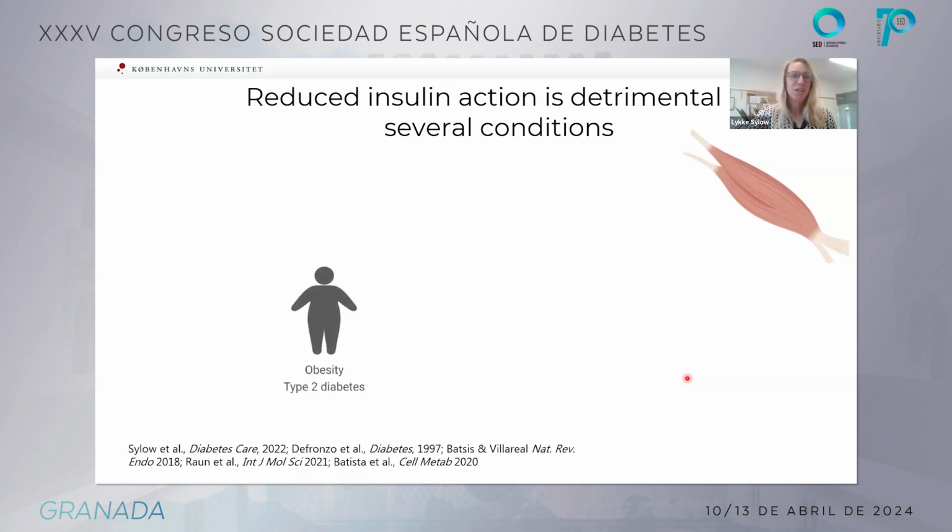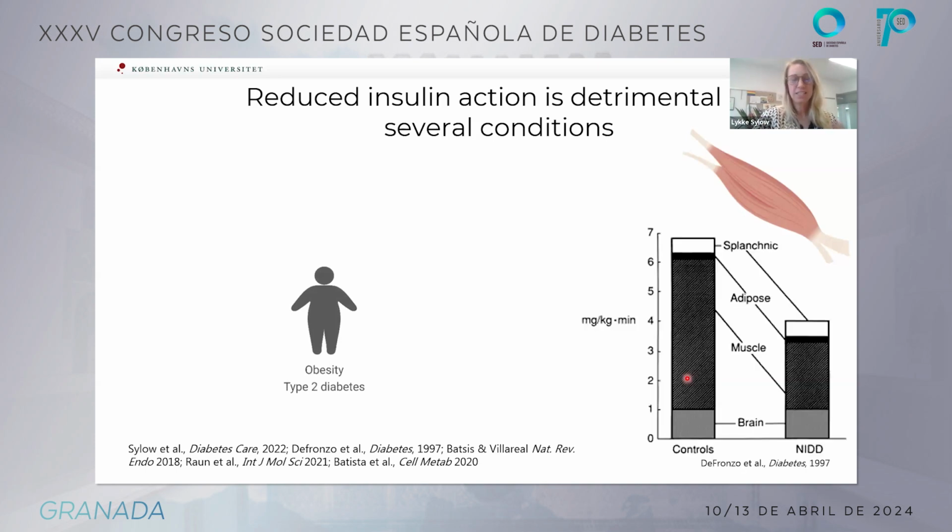This heightened blood glucose in the context of insulin resistance seen in obesity and in type 2 diabetes is really due to a decreased insulin-stimulated glucose uptake by the skeletal muscle.